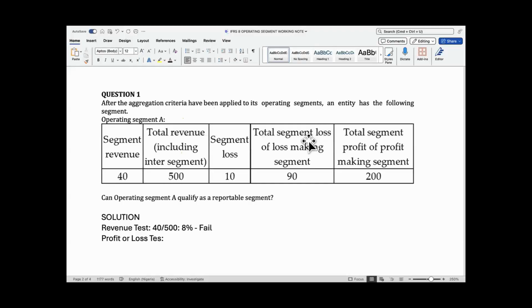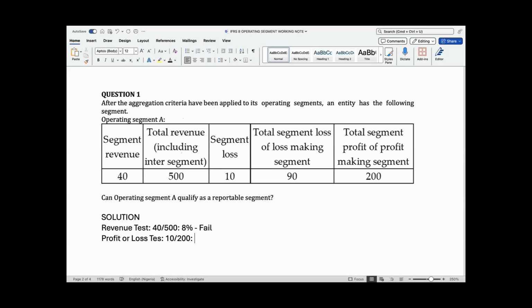Let's do the profit or loss tests. First, the total segment loss is 90 and the total segment profit is 200. You pick the higher first. The higher between these two is 200. Then the segment loss is 10, divided by the higher between loss and profit of total segments, which is 200. What is 10 over 200?